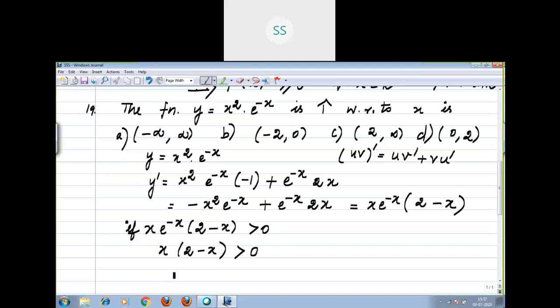I am going to take minus as common. See, minus x into x minus 2 is greater than 0. If I multiply, what does it become? x into x minus 2 less than 0.